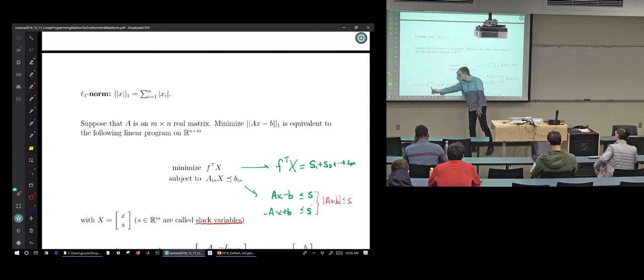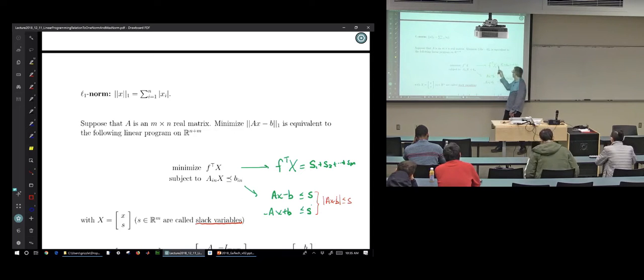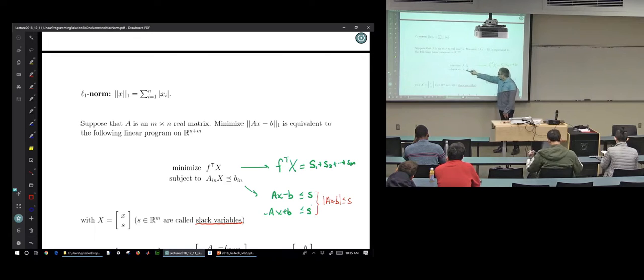If we had put an E here, it would look a little bit more like what we have been doing, because S1, S2, Sm is really the absolute value of the error: S1 on the first row, S2 is the error in the second row. So this notation here just means AX, the ith row, is less than or equal to B on the ith row.